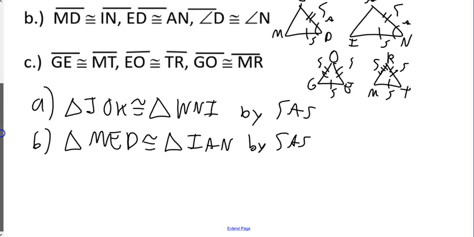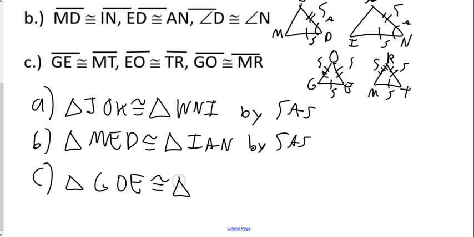And so I'm going to say, for C, triangle GOE is congruent to triangle MRT by SSS. That's it.